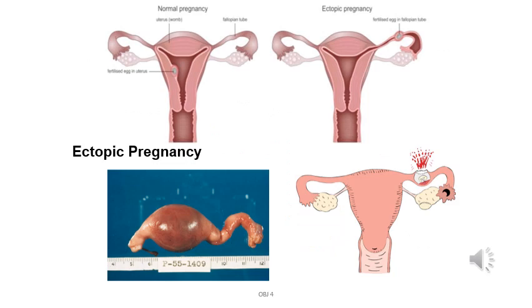So this slide talks about ectopic pregnancies. On the top left you can see a normal fertilized ovum inside of the uterus. Okay. On the right top you can see the ectopic pregnancy where the fertilized egg stops its implantation in the fallopian tube there. Okay.